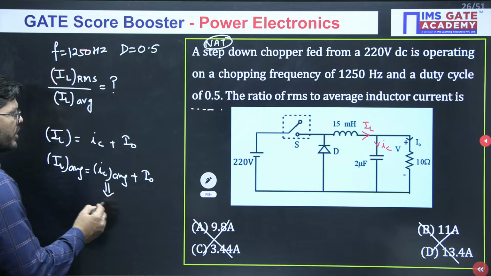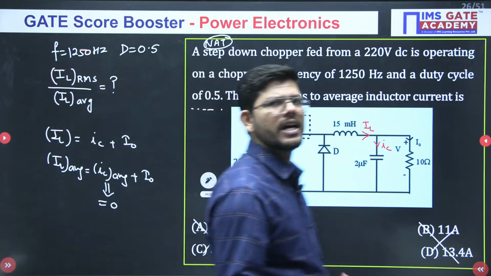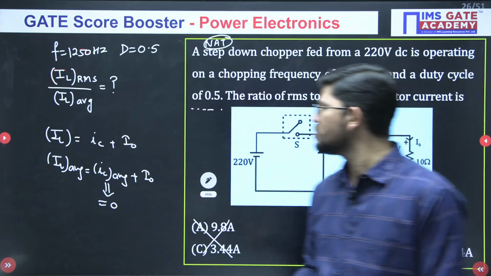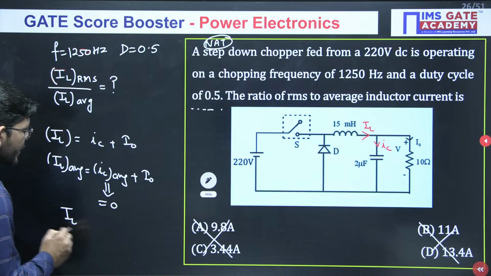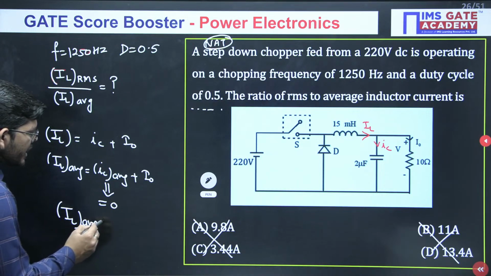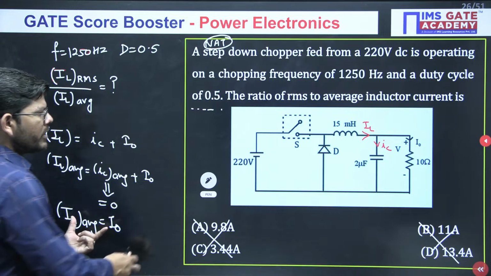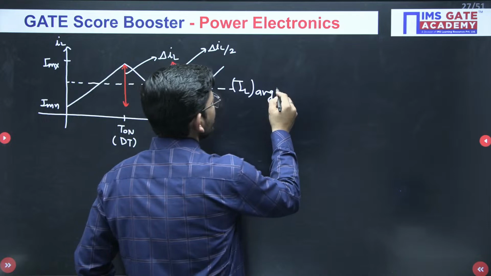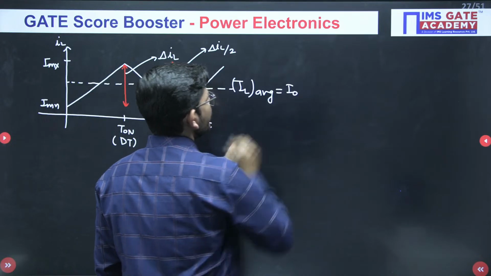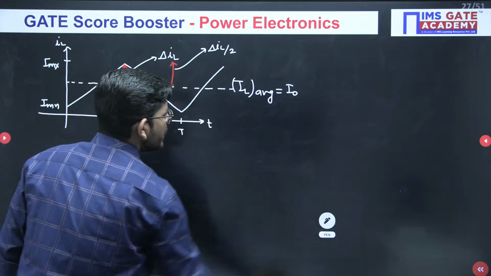And the average capacitor current is equal to 0, because the capacitor charges and discharges. So my average inductor current will be equal to I naught. This is what we have calculated.